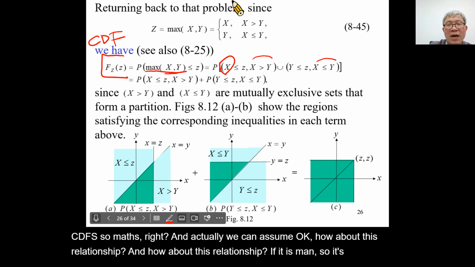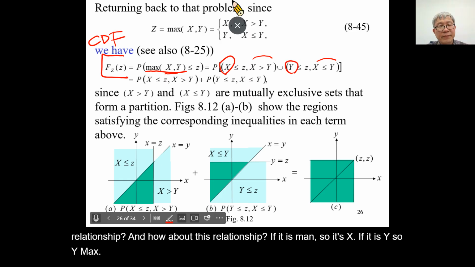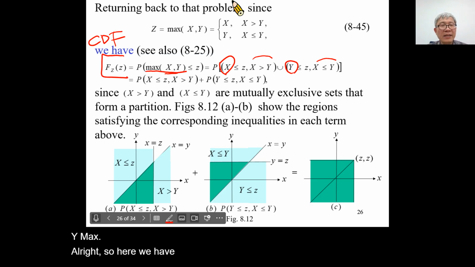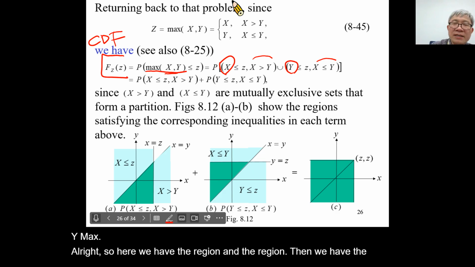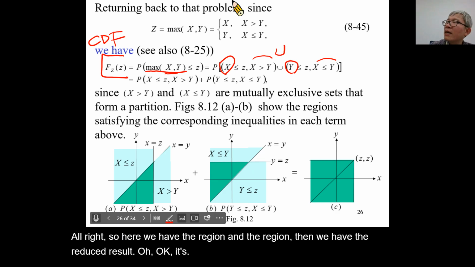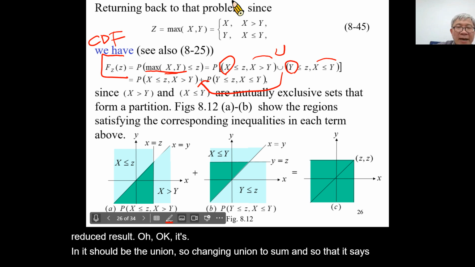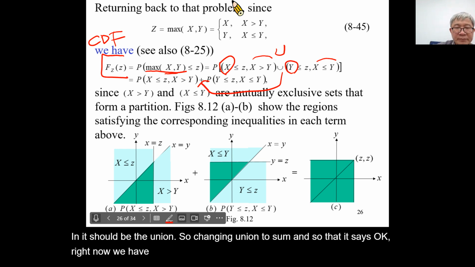If it is y, so y max. Alright, so here we have the region. And the region, then we have the reduced result. It should be the union. Union, so change union to sum.